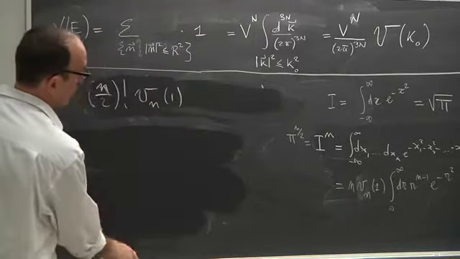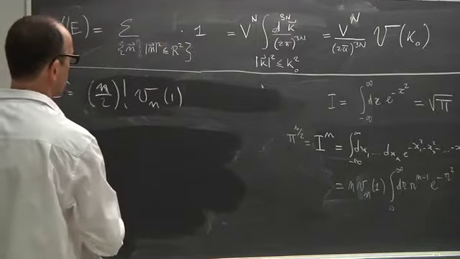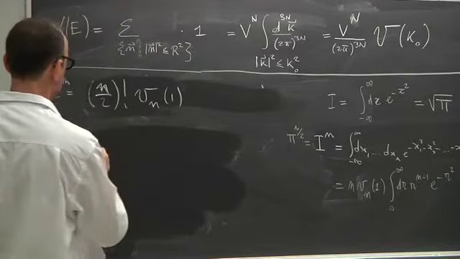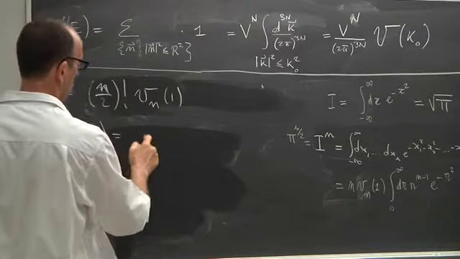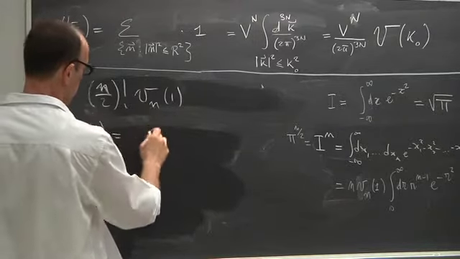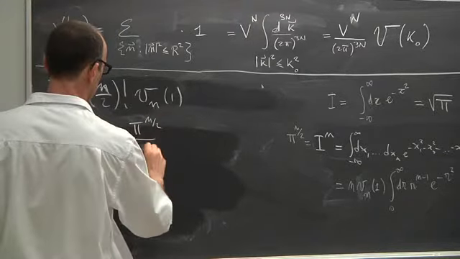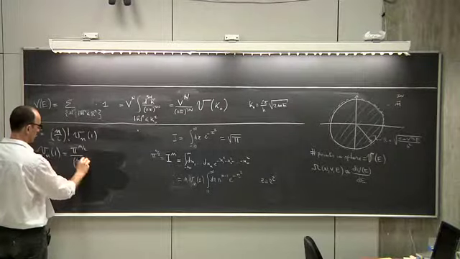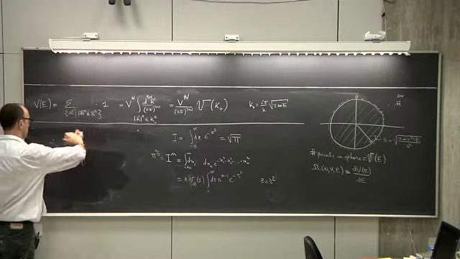But this is also equal to square root pi to the n, so this tells me that the volume of the unit sphere is equal to pi to the n over 2 divided by n over 2 factorial. Oh, that's nice.